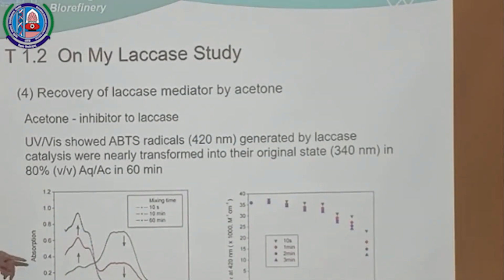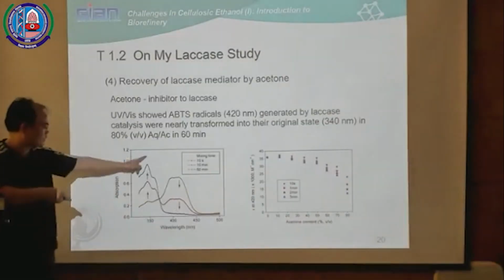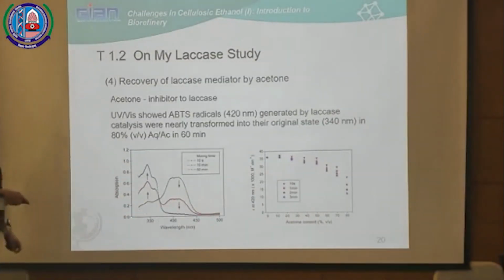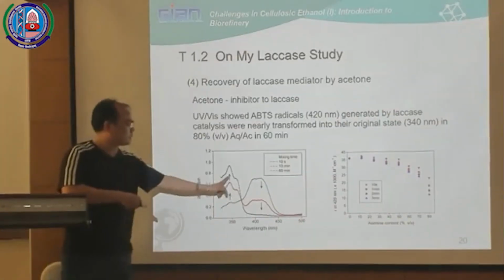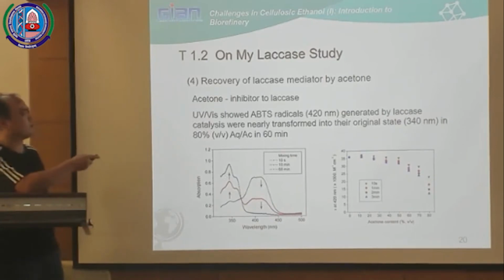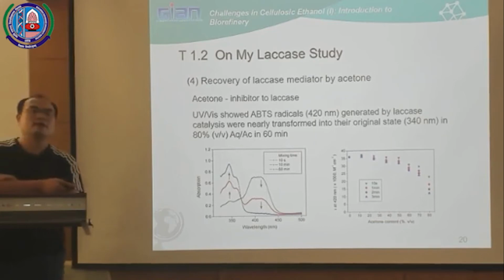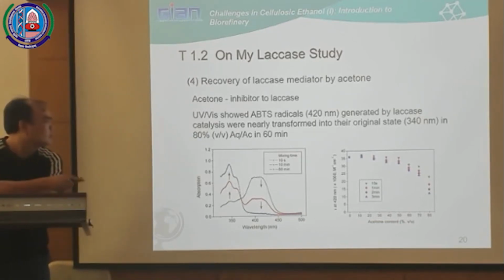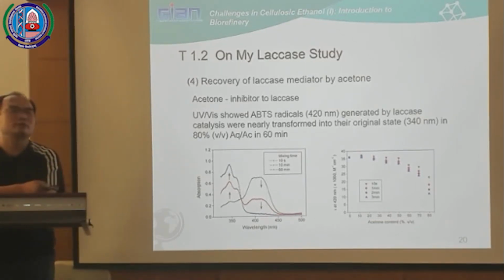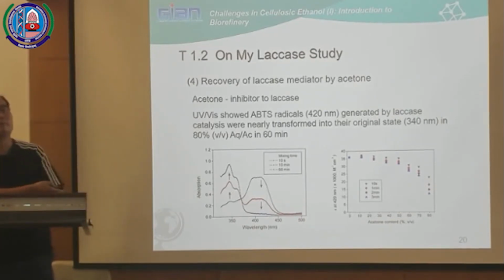But for the original reductive form of ABTS, the peak is around 345 nanometers, and this peak rises because of the presence of acetone. So the result is that the addition of acetone to the ABTS radicals turns these radicals back to the reductive form.